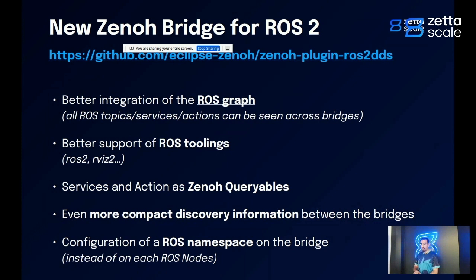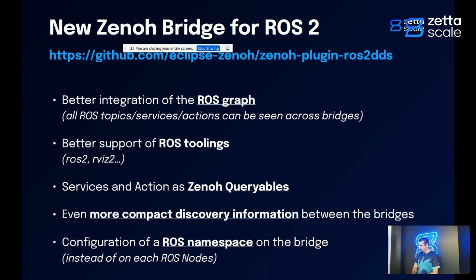And we also improved a lot the discovery information between the bridges with regard to the previous forwarding mode in the DDS bridge. This mechanism leverages the liveliness tokens that are now also used in RMW Zenoh, which is work in progress.